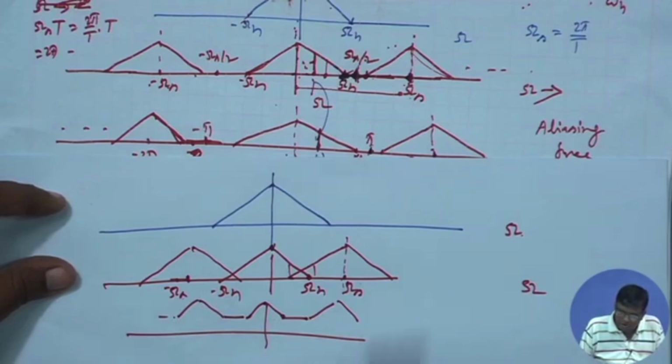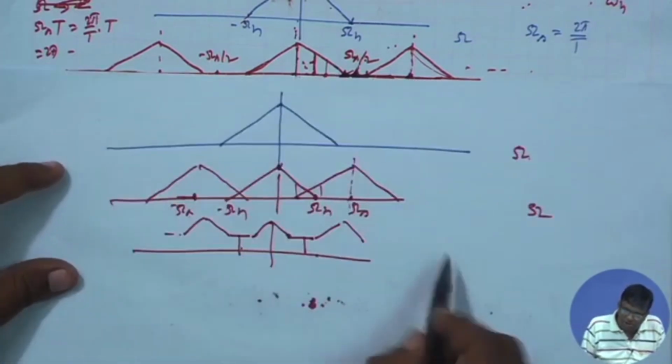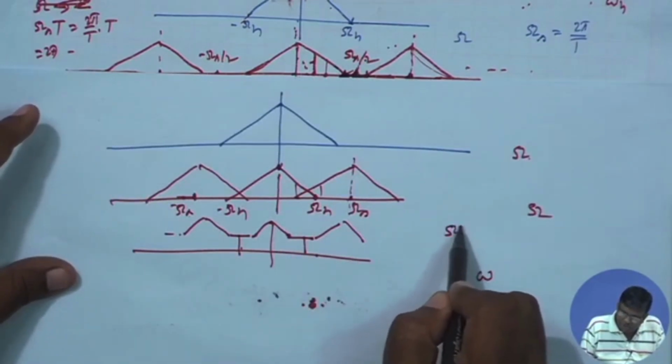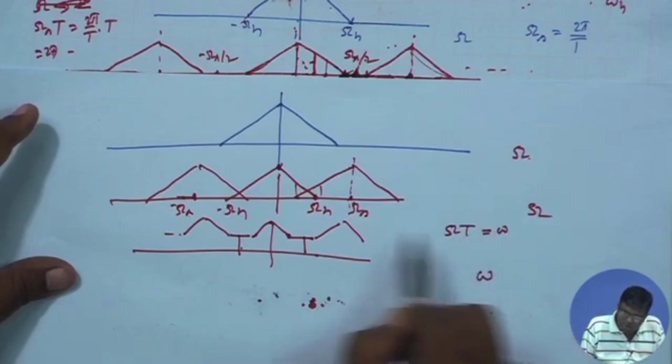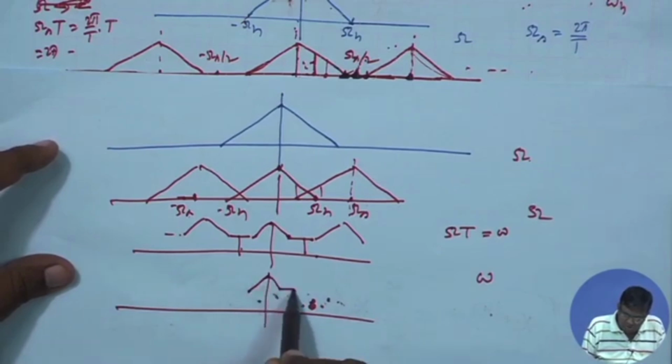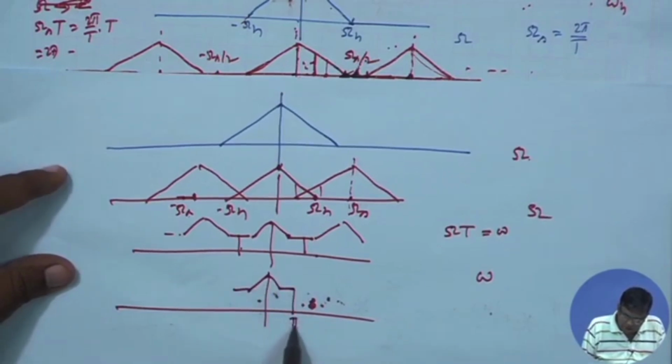like that. If you now plot it over this range as a function of small omega, you replace every omega by omega T equal to small omega, and you get a plot. You will have this up to here pi and minus pi, and then this continues.